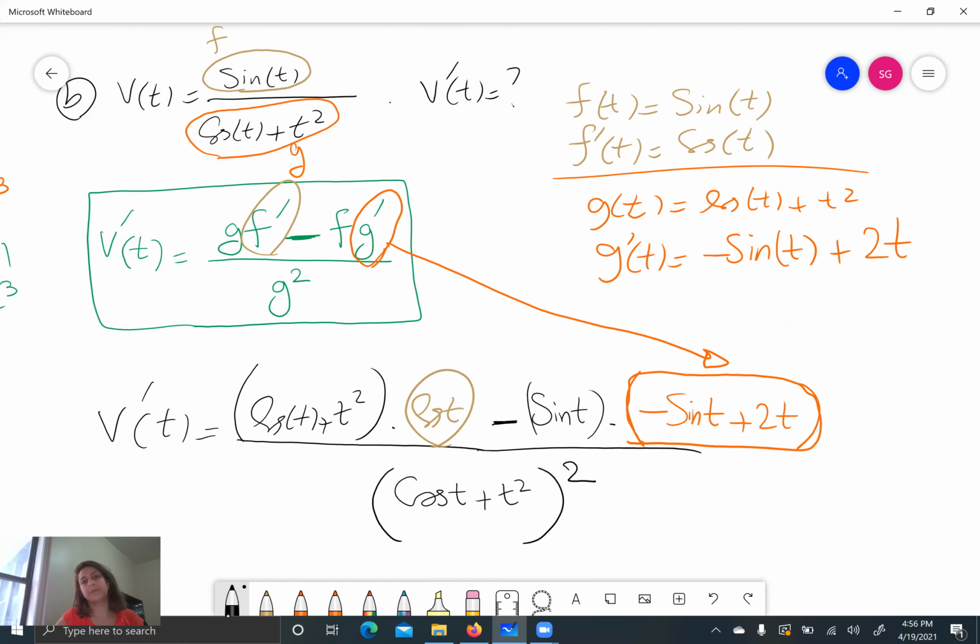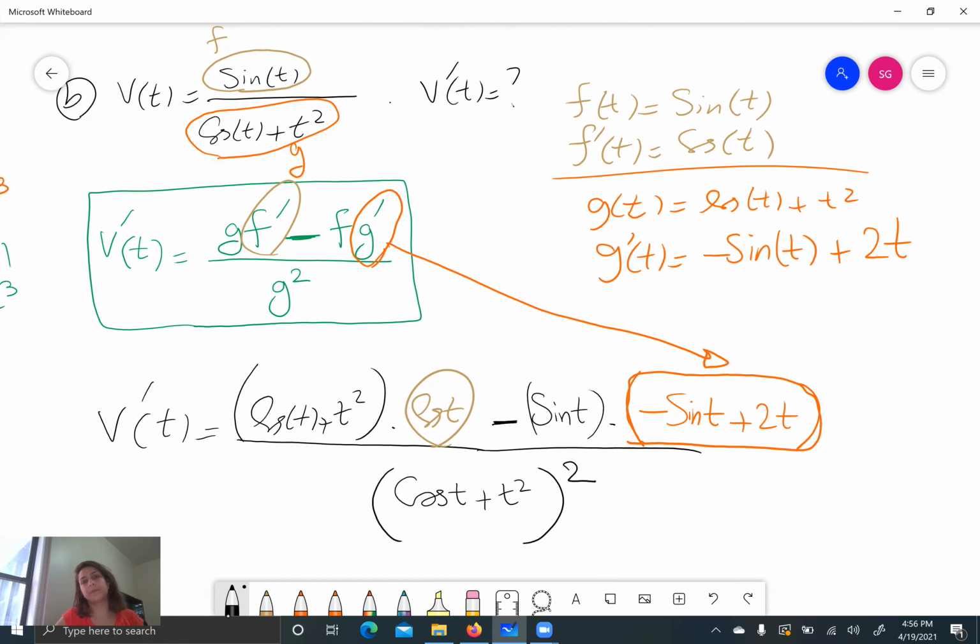Because this is the first example, maybe I write in more steps. So it's going to be the first function times the derivative of the second function plus the derivative of the first function times the second function, right?